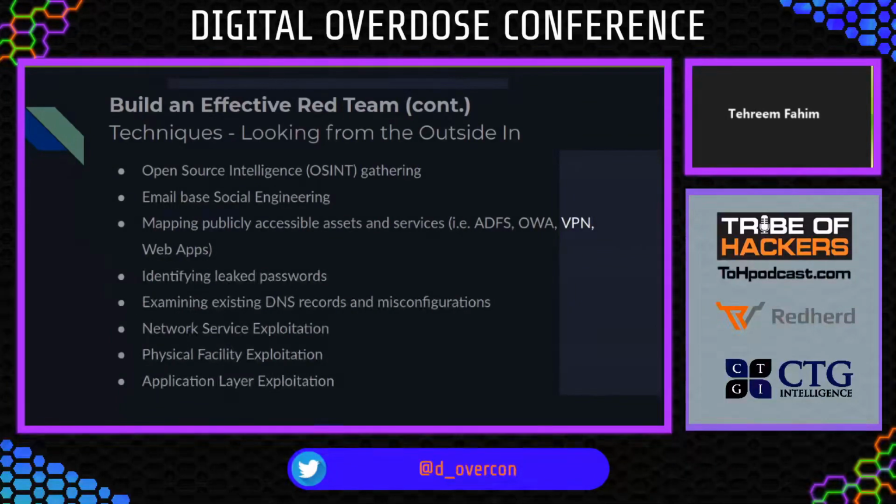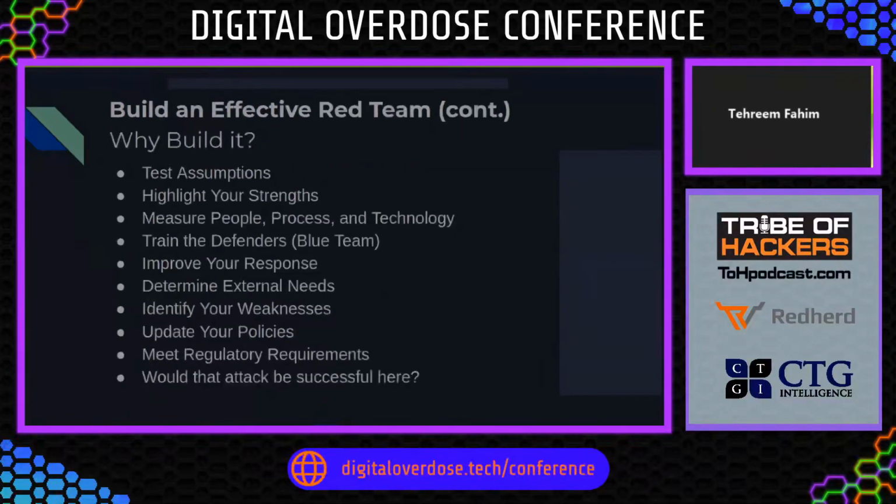Other techniques include open source intelligence gathering, email-based social engineering, or any kind of social engineering, mapping of publicly accessible assets and services, identifying leaked passwords, examining existing DNS records and misconfigurations, network service exploitation, physical facility exploitation, and application layer exploitation, of course.